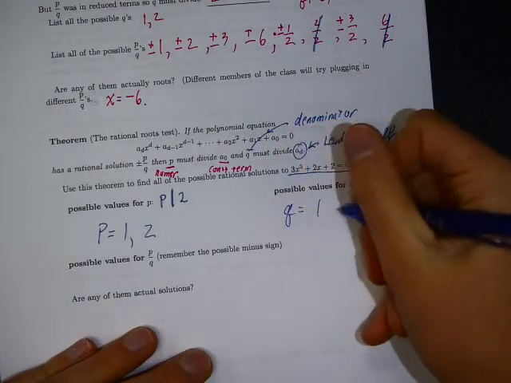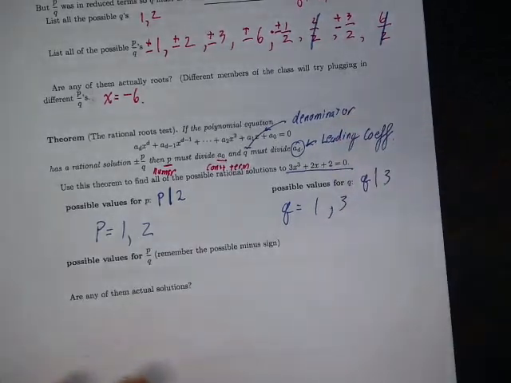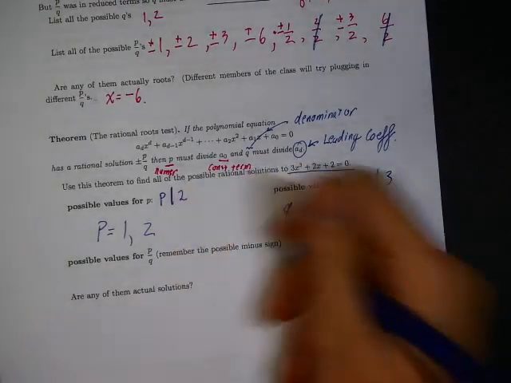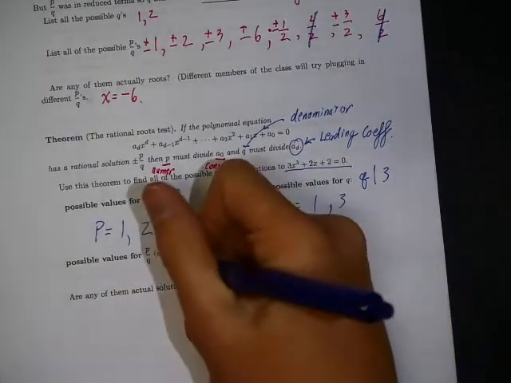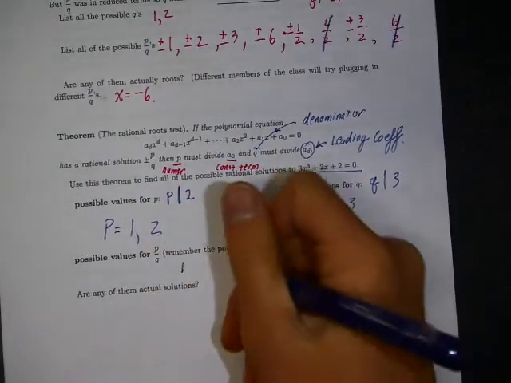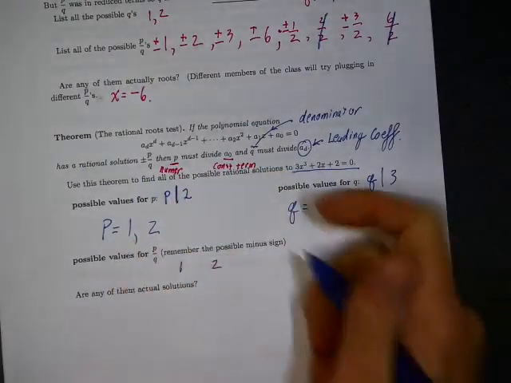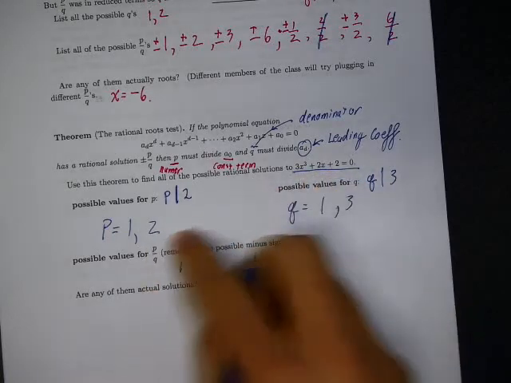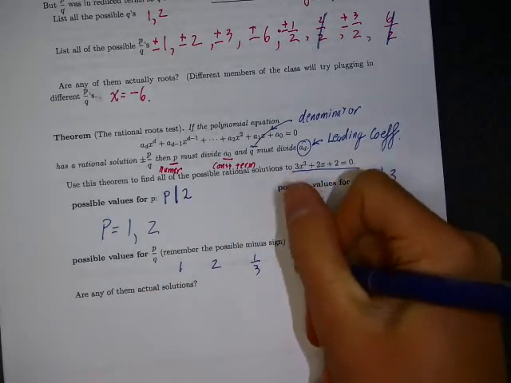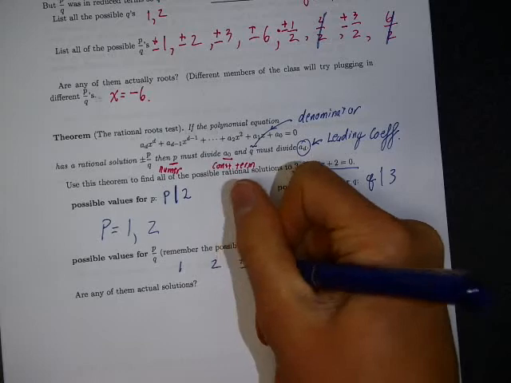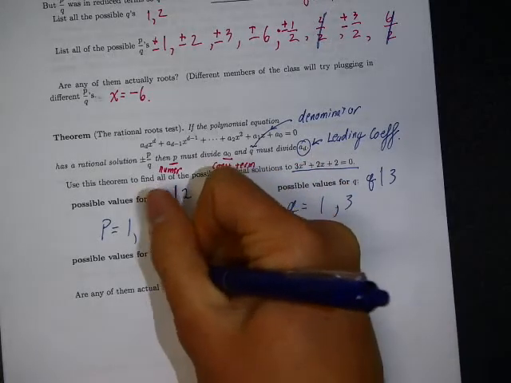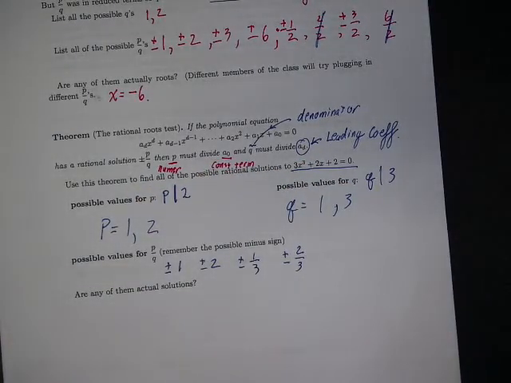Q is either 1 or 3. So all the possible values for p over q are 1 over 1, 2 over 1, 1 over 3, or 2 over 3. But they might have plus or minus signs.